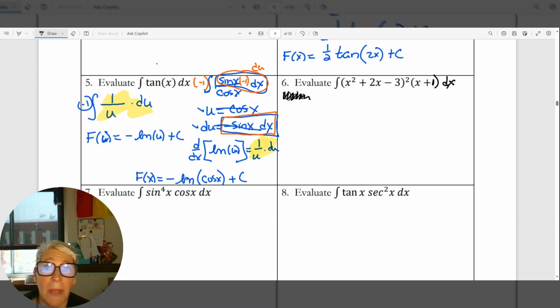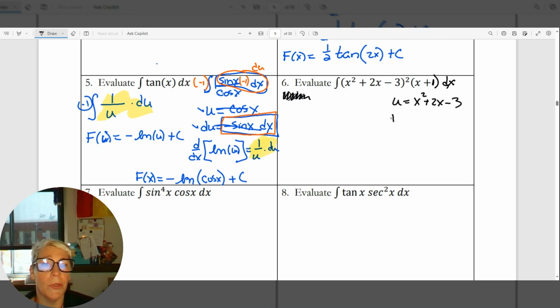And then we're multiplying by a third expression, x plus 1. Out of those three, the one that's most nestled inside is the base to the power of 2. So let's call that our u.